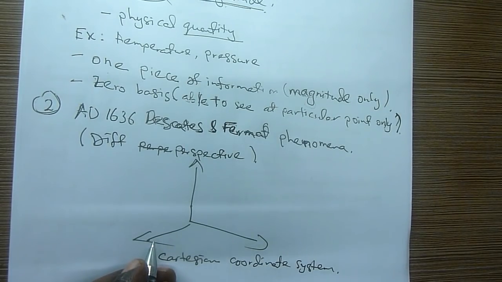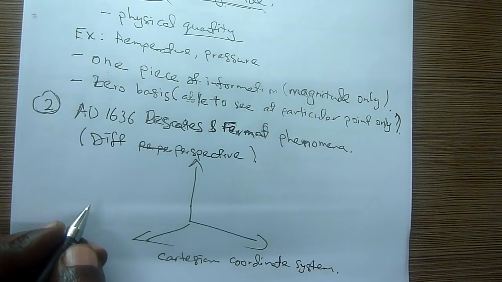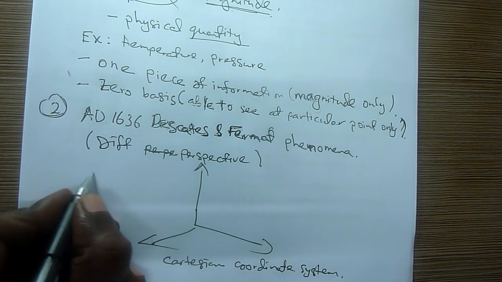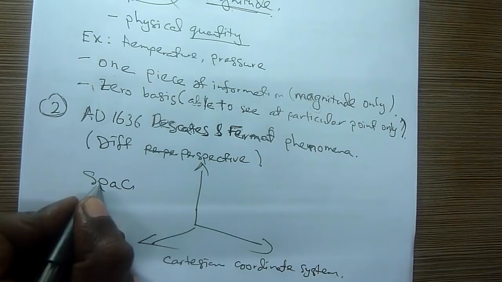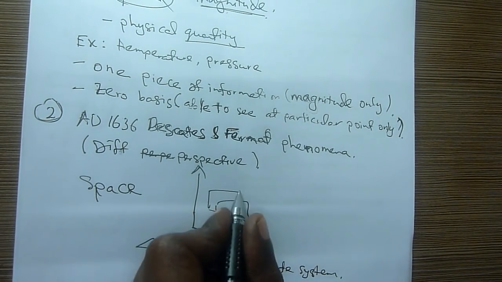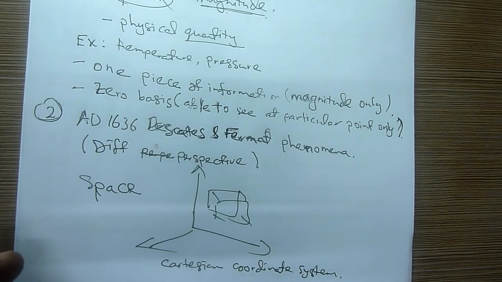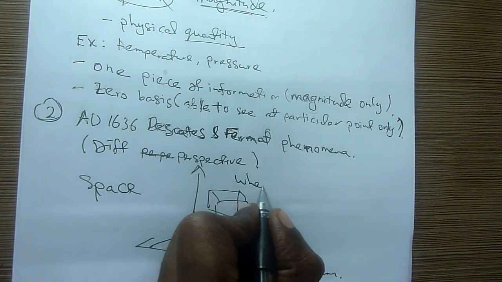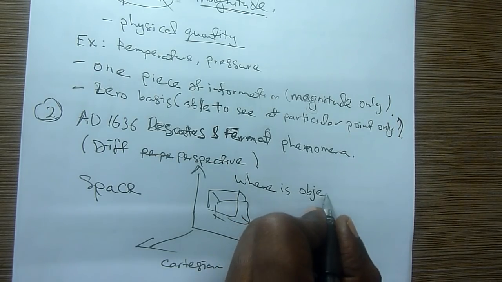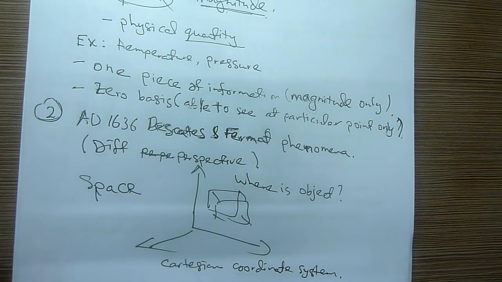With the Cartesian coordinate system, we can analyze any dimension of the object in space, where the object is. That means we are able to locate the object in a particular location.